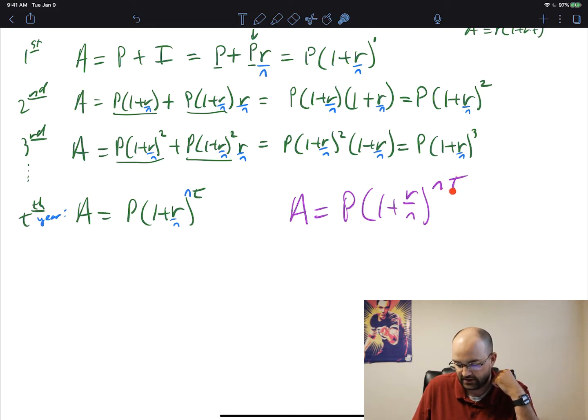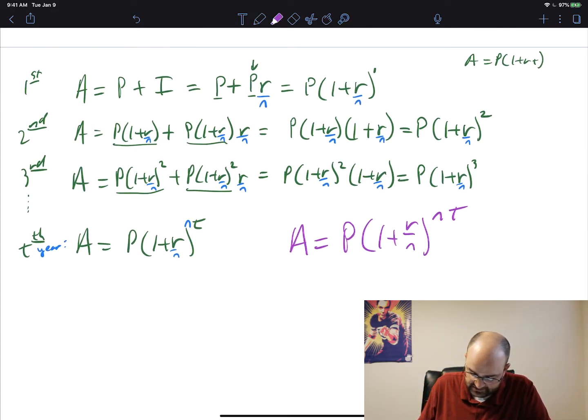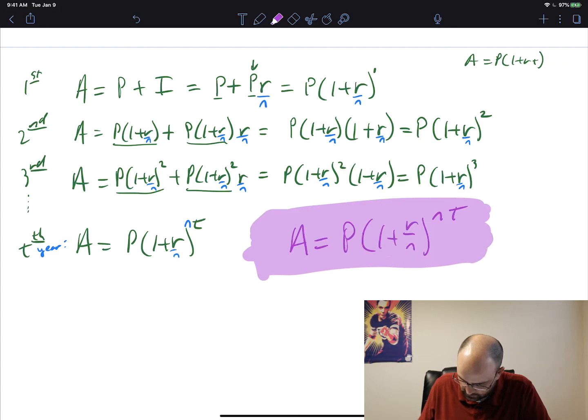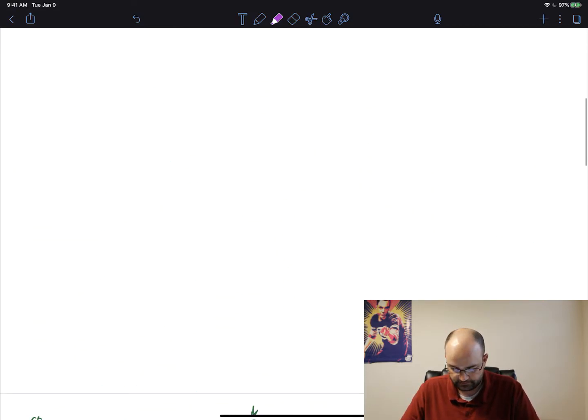Okay, so N times T should be the exponent, and then R over N is right there. Outstanding. And what's great about this is that this is frankly one of the most important formulas for this particular section, because everything just kind of, well, runs off of that. Okay, so we can actually use this formula.